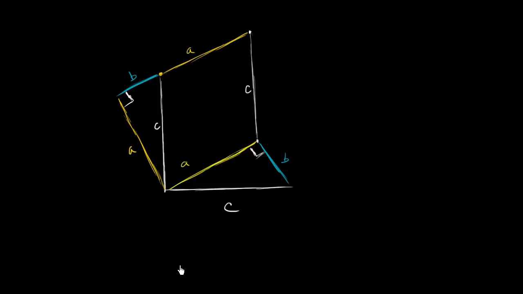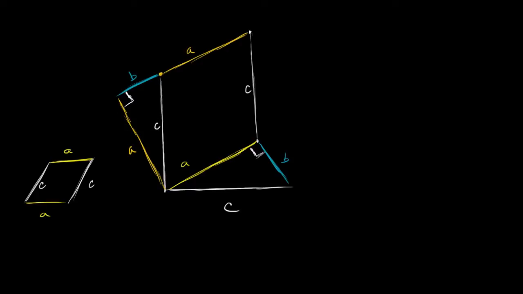Now the next question I have for you is, what is the area of this parallelogram that I have just constructed? Well, to think about that, let's redraw this part of the diagram so that the parallelogram is sitting on the ground. So this is length A, this is length A, this is length C, this is length C. And if you look at this part right over here, it gives you a clue.